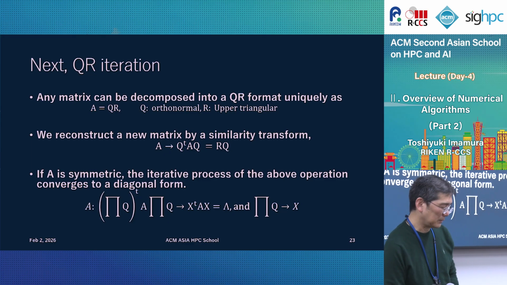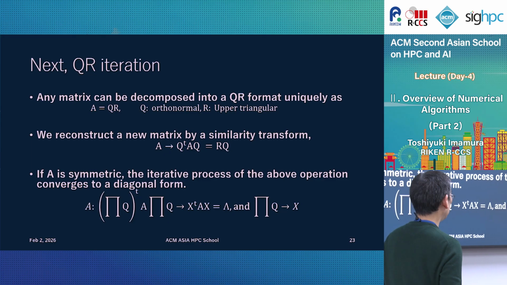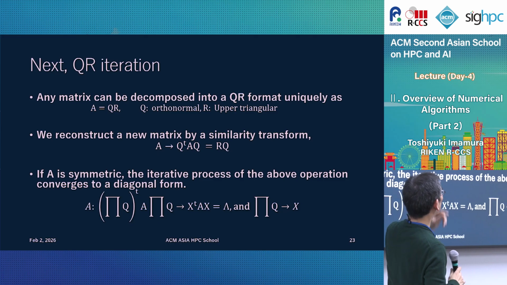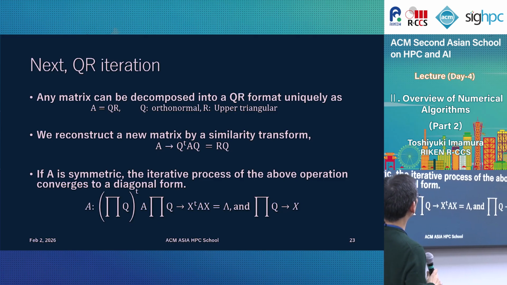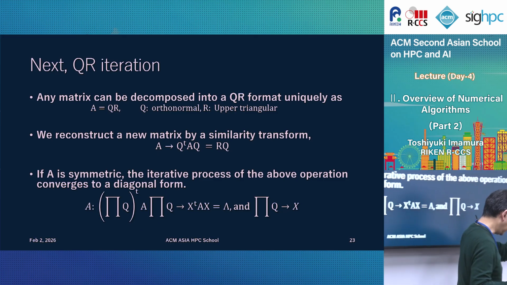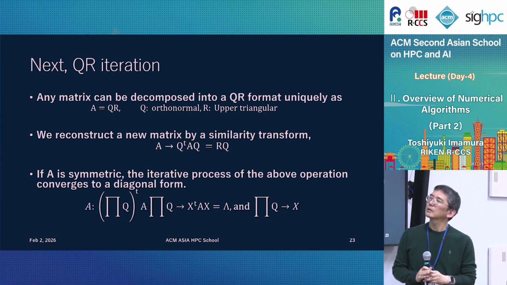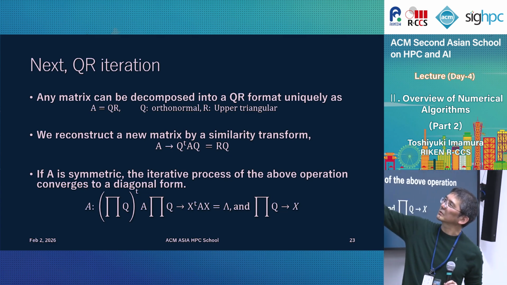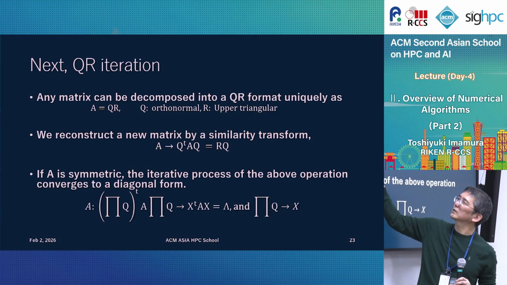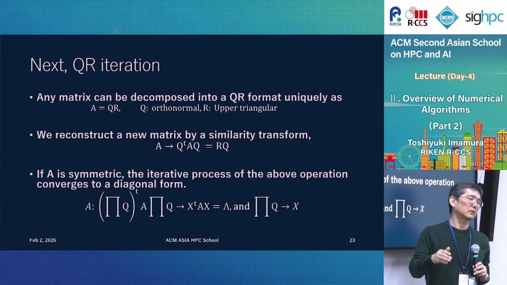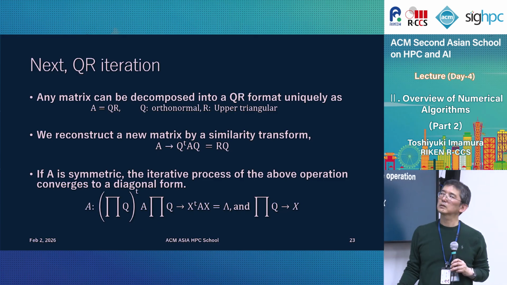So we update the matrix A with this new matrix as a result. Then we repeat this procedure several times. This matrix, Q transpose A Q, converges to a diagonal matrix.